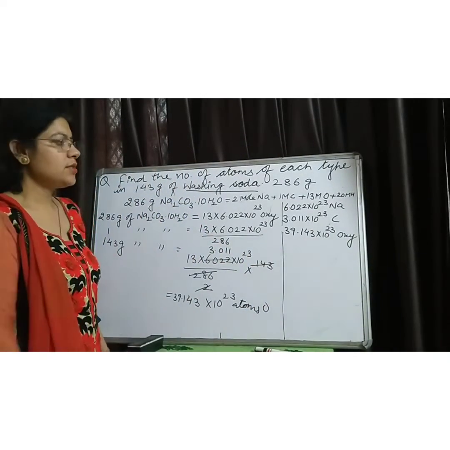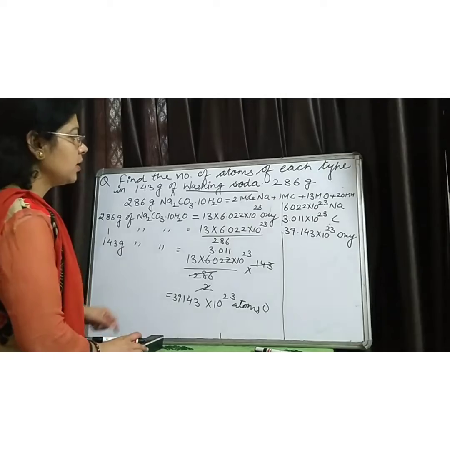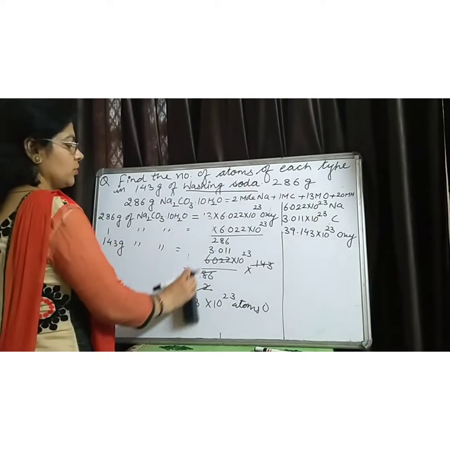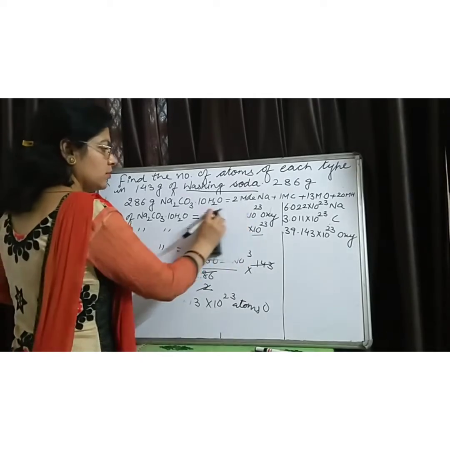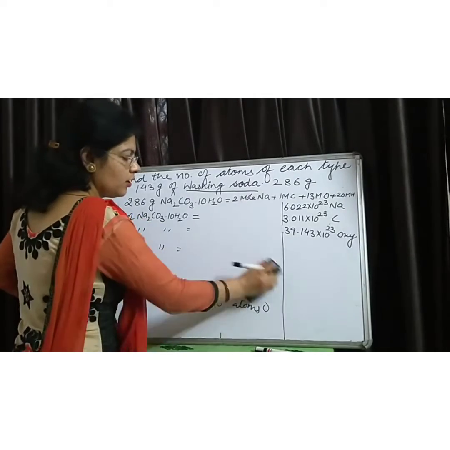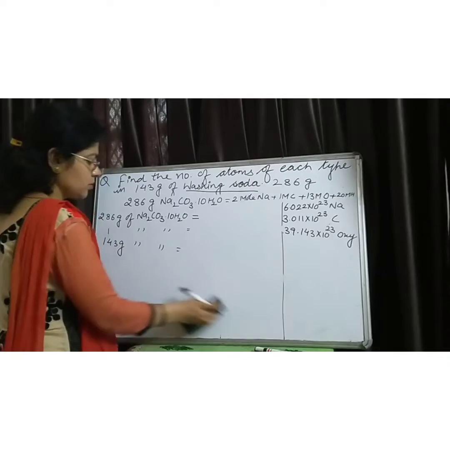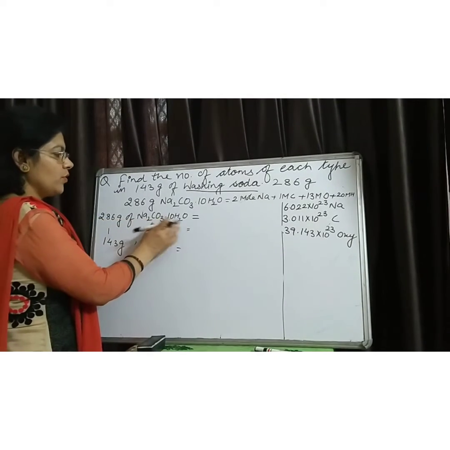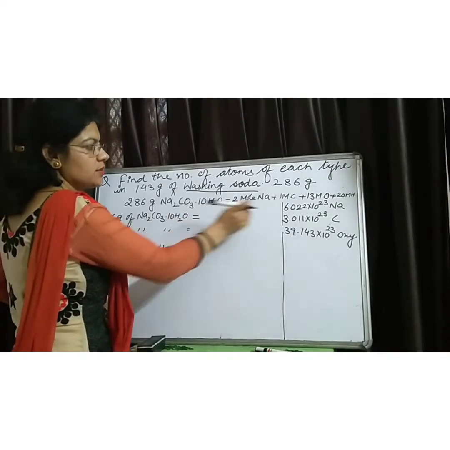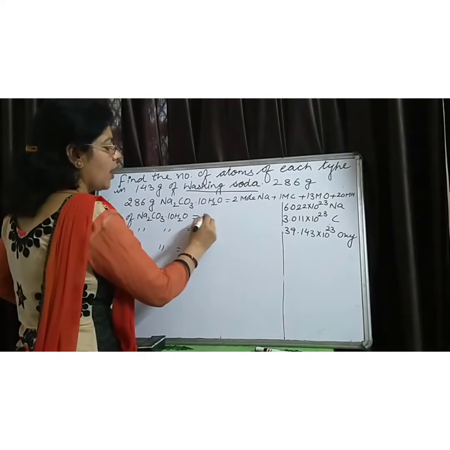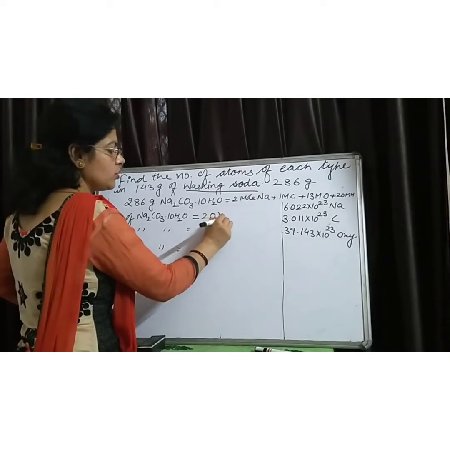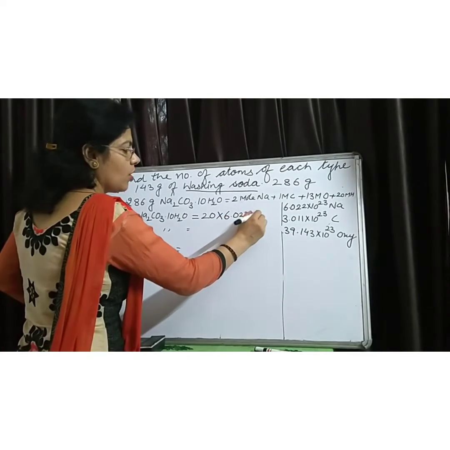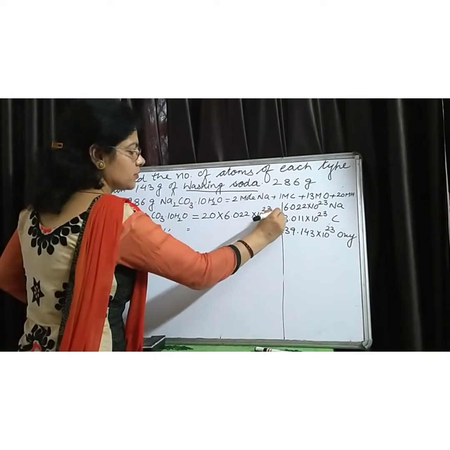Now at the last we have to calculate the number of hydrogen atoms in this compound. So solve this equation in a similar way for the hydrogen atoms, and we know that 286 gram of washing soda has 20 moles of hydrogen atoms. 20 moles means 20 into Avogadro number of hydrogen atoms.